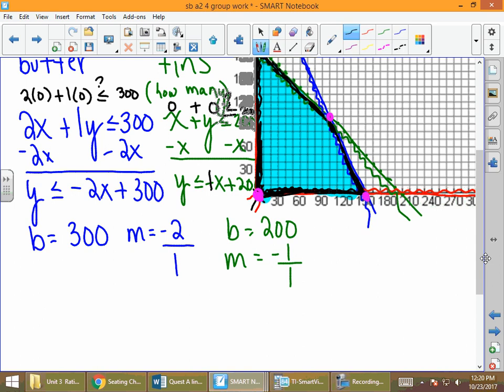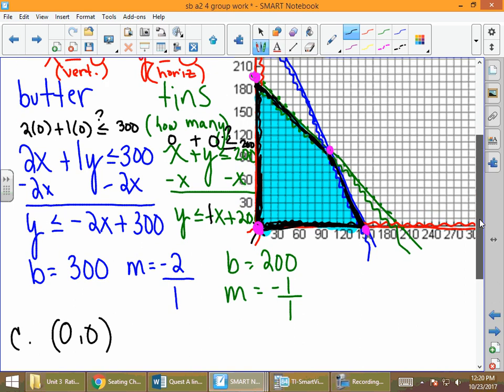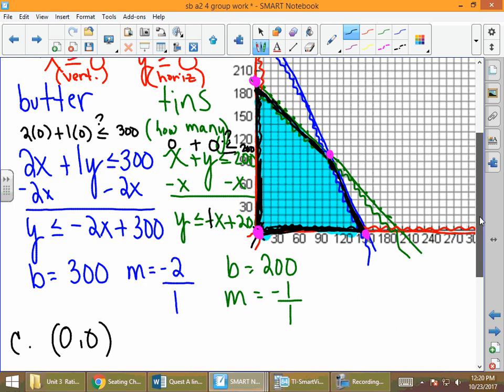So part C: 0, 0 was one of those ordered pairs. You do not have to have the same order as me. You just want to make sure to have all 4 of them. We have 0 and 200.